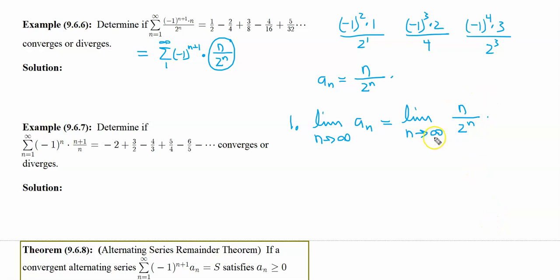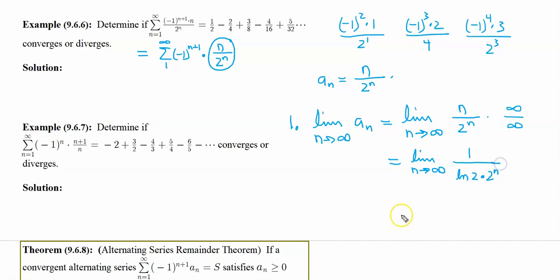Now you notice that this is of the form infinity over infinity. n is going to infinity, and 2 to the n is also going to infinity. So we can actually use L'Hopital's rule to evaluate this. I'm not going to put x's in place of the n's. I'm just going to differentiate these with respect to n. So we get the limit of the derivative of the top, which is 1, over the derivative of the bottom, which is the natural log of 2 times 2 to the nth power.